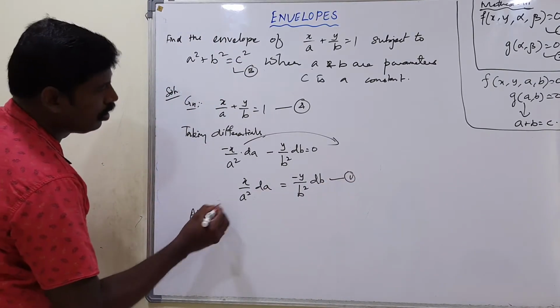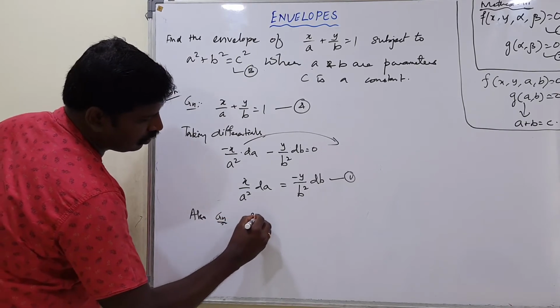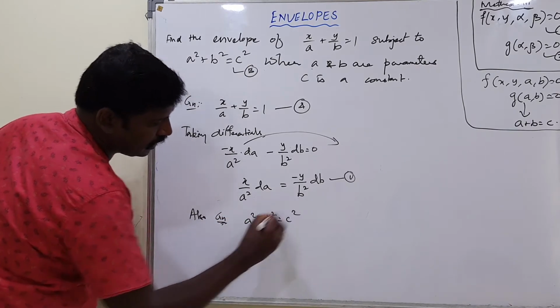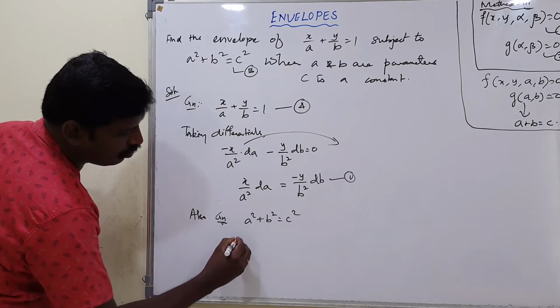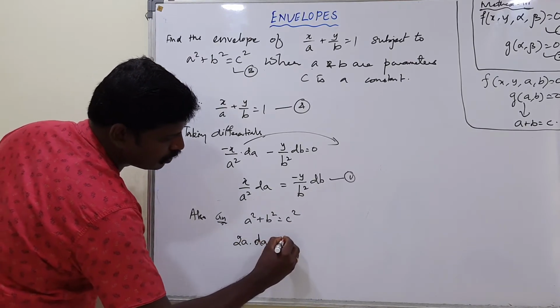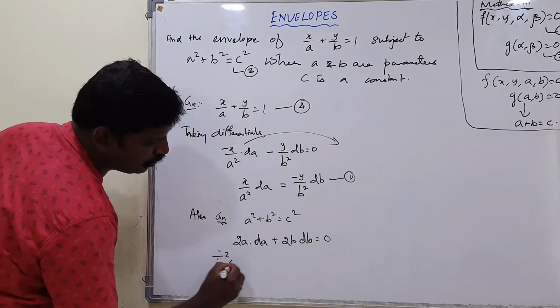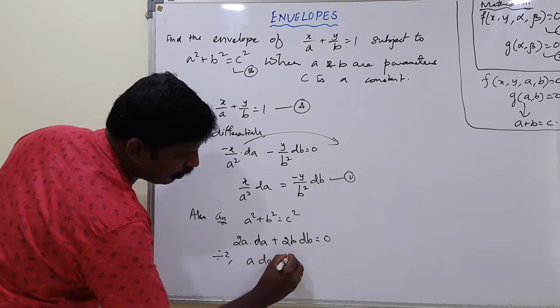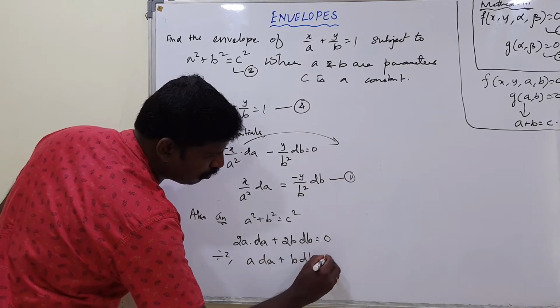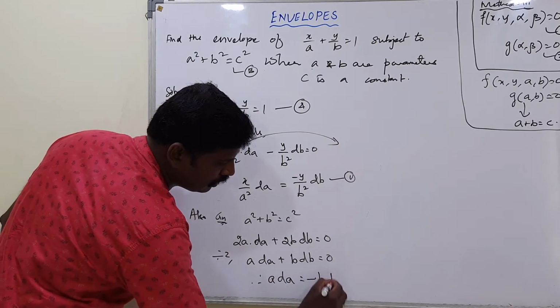Also given a square plus b square is equal to c square. Taking differentials again, you will get 2a into dA plus 2b into db equal to 0. Divided by 2, a into dA plus b into db equal to 0. Therefore, a into dA is equal to minus b into db.